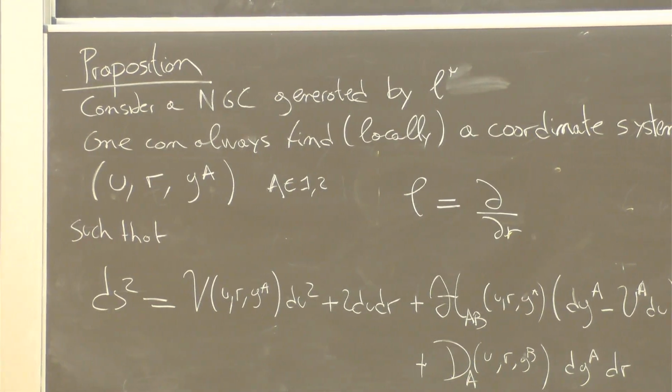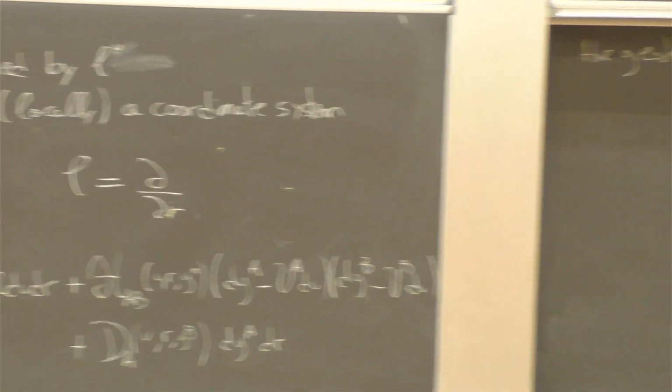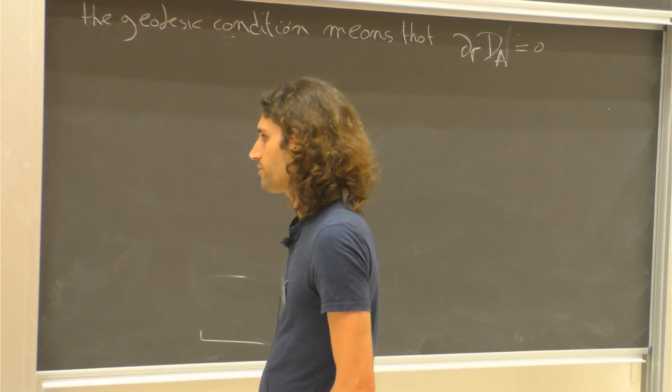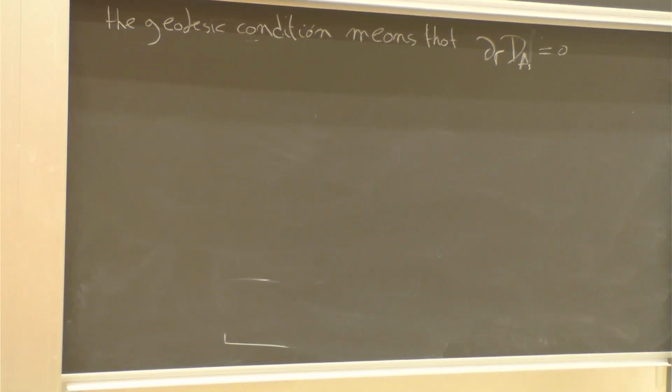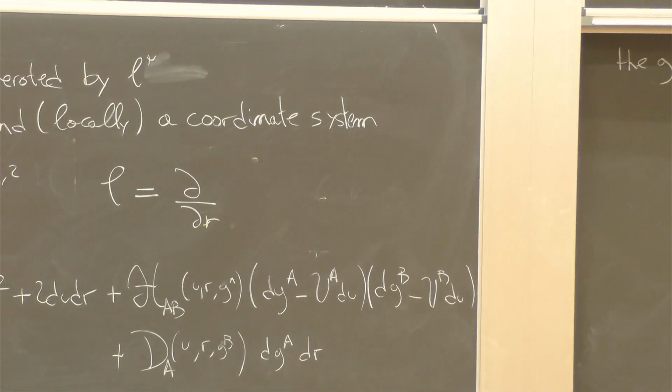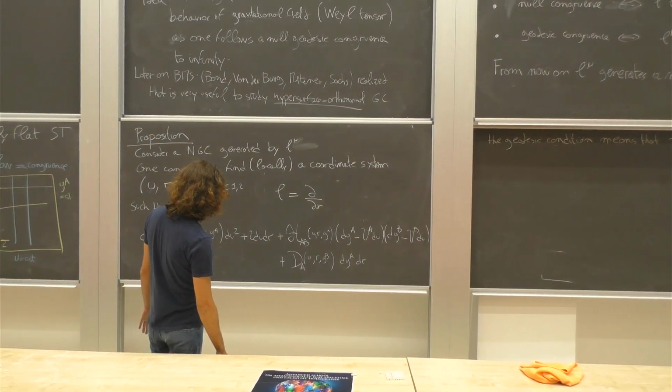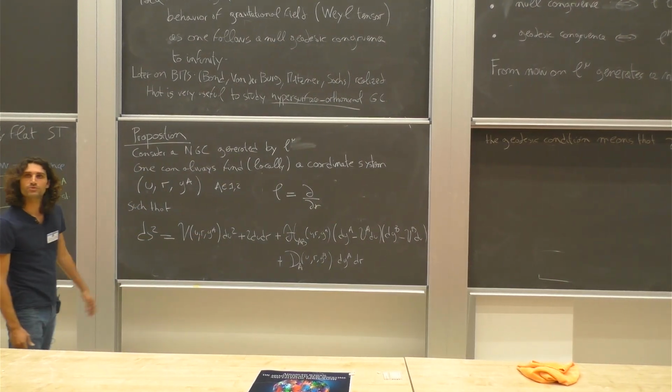Yes? Can I ask, what separates u from y? Anything at this stage? Right. So I think at this stage there is no preferred. Let's look at what is going on in the metric. At this stage, nothing is making u different from y. It's just some funny way of doing it.